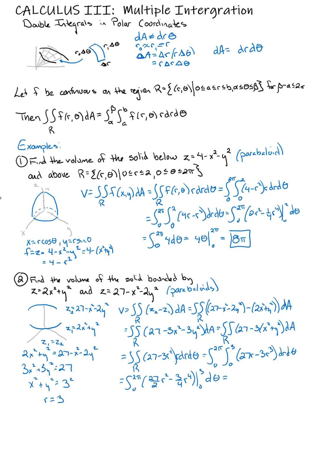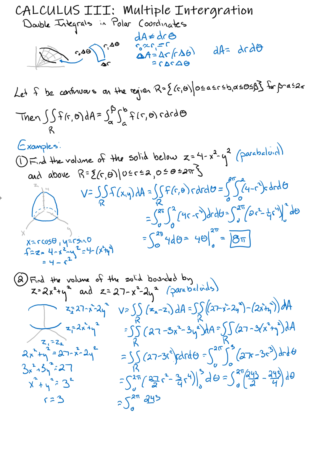Oh gosh, let's see. Evaluating at 0, super simple. Evaluating at 3 gives us 9 times 27, which is 243 over 2, minus 81 times 3, which is 243 over 4. Oh, that I can work with. 2 minus 1 is just one of those.